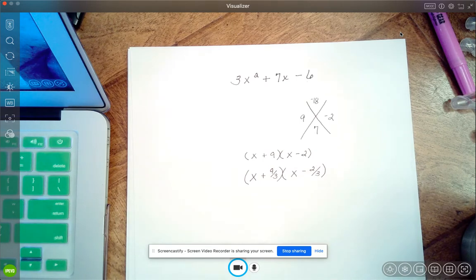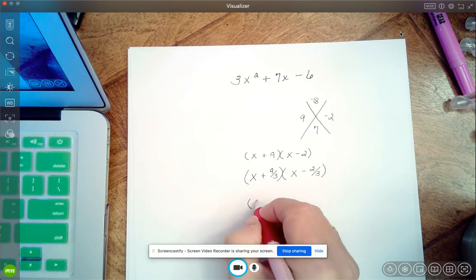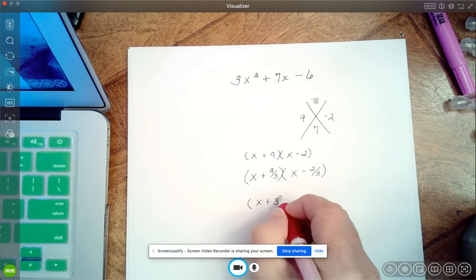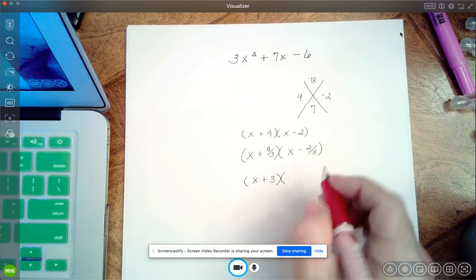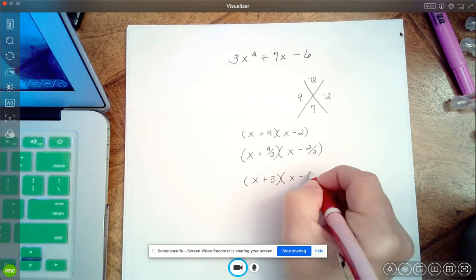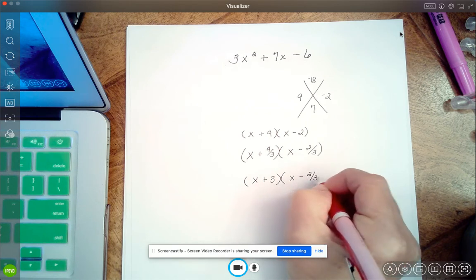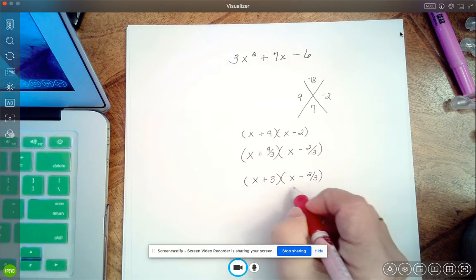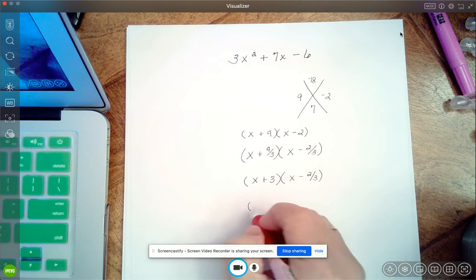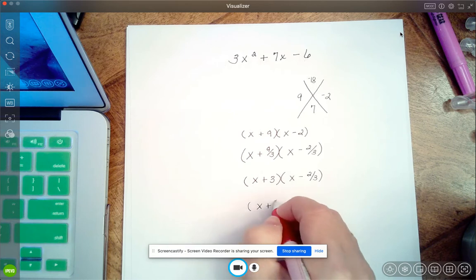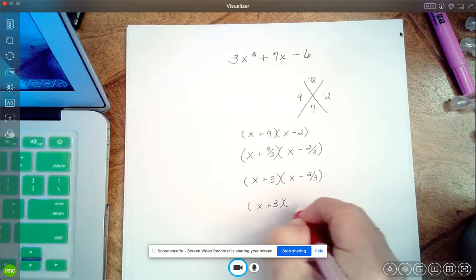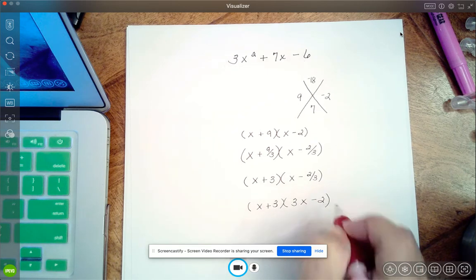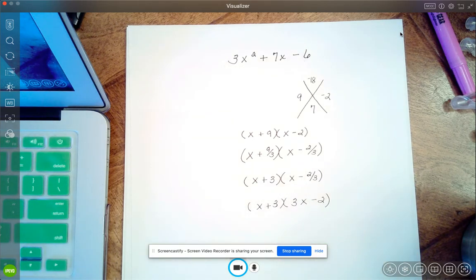Now I need to simplify. 9 divided by 3 is 3. And over here, I can't simplify 2 divided by 3. So this is where I'm going to move this 3 right over here. And there we go. And that is how we're going to factor this.